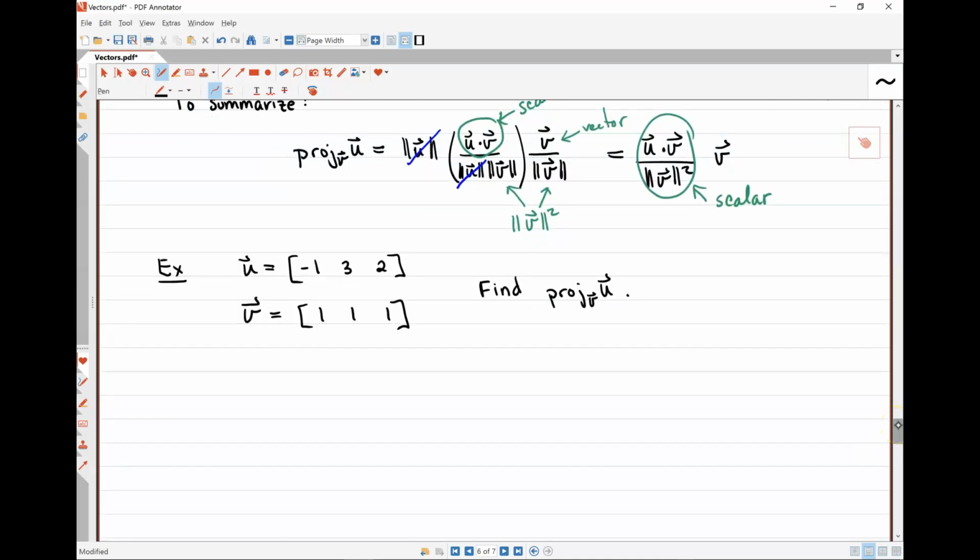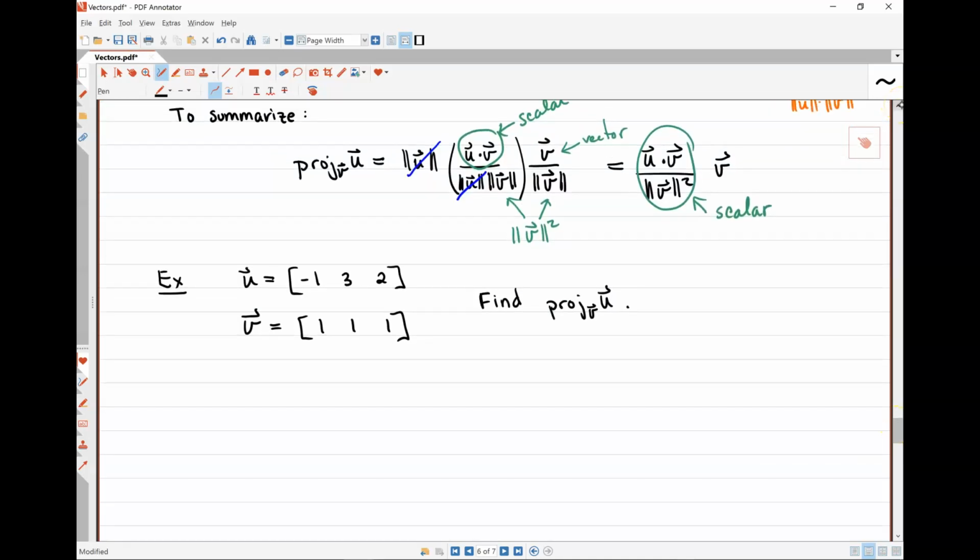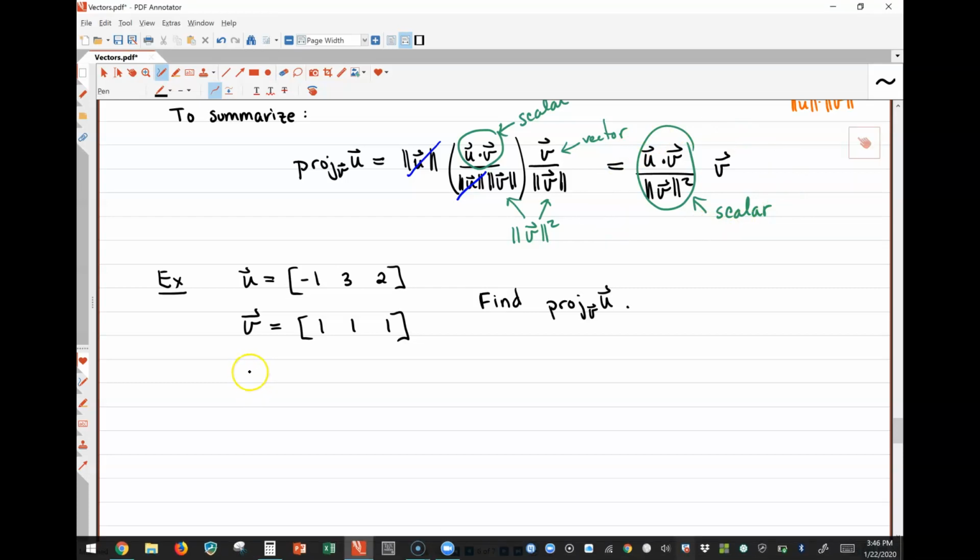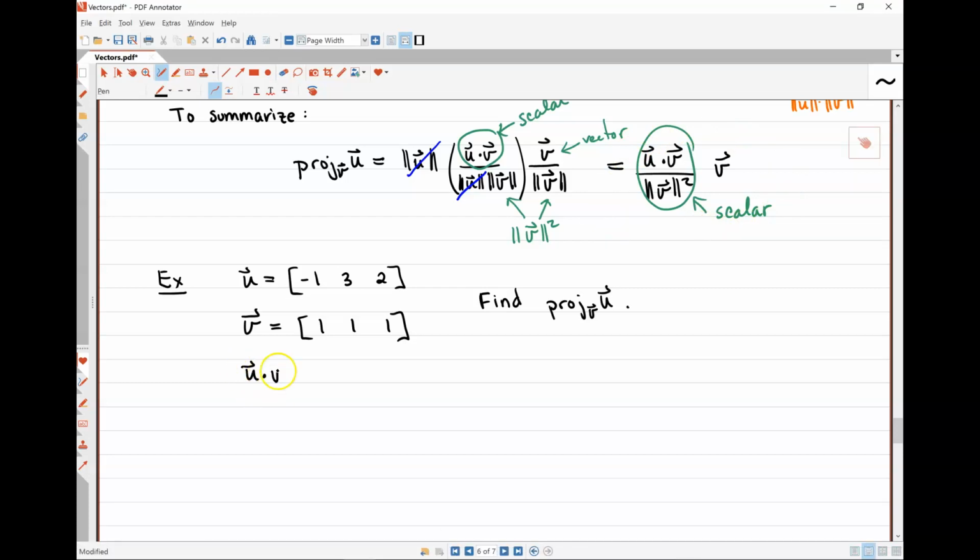And now that we already did all the reasoning and the work, we can basically just use this formula that we've got here. So there's a few things I need to compute. One is the dot product u dot v. And we know how to do that. So this is just going to be minus 1 times 1 plus 3 times 1 plus 2 times 1. So that's 4.